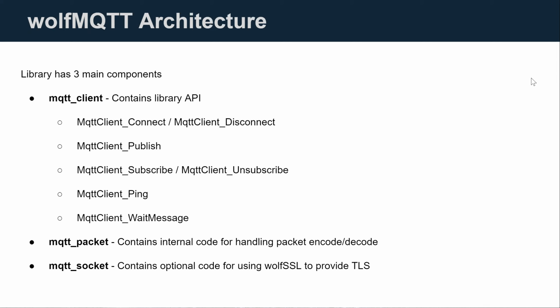The packet component is where you can find all the internal functions for building and parsing the packet structures. And lastly, the socket component is the interface for the lower level networking layer. This could be straight through to TCP, or it can be enabled to use TLS, courtesy of wolfSSL, of course.